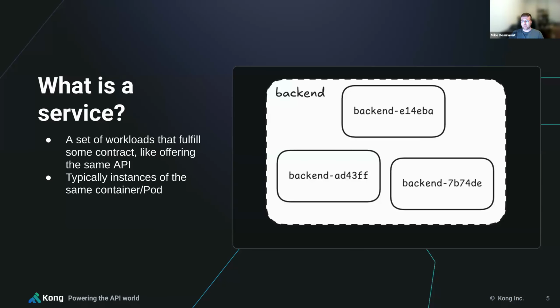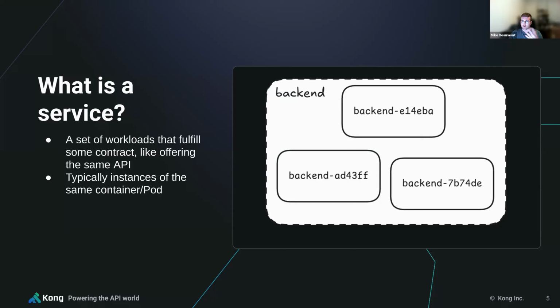So first of all, let's have a basic discussion about what a service is. Typically, a service is an abstract concept. When we have a microservice application, we're going to have multiple instances of a service. And so you'd have some pods. What makes these pods part of a service is that they all fulfill some kind of contract, like the same API, for example, and the same version of the API, so that you know that when you send a request to any of these instances, it doesn't matter which instance you reach, the same thing will happen.